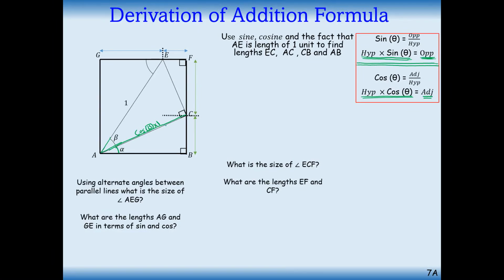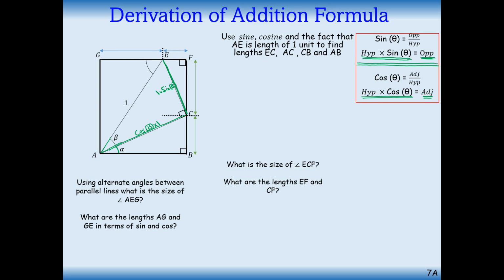That is one of the sides, and this side of the triangle is the opposite side, which we label as sine beta, because sine beta multiplied by 1 leaves it as sine beta.